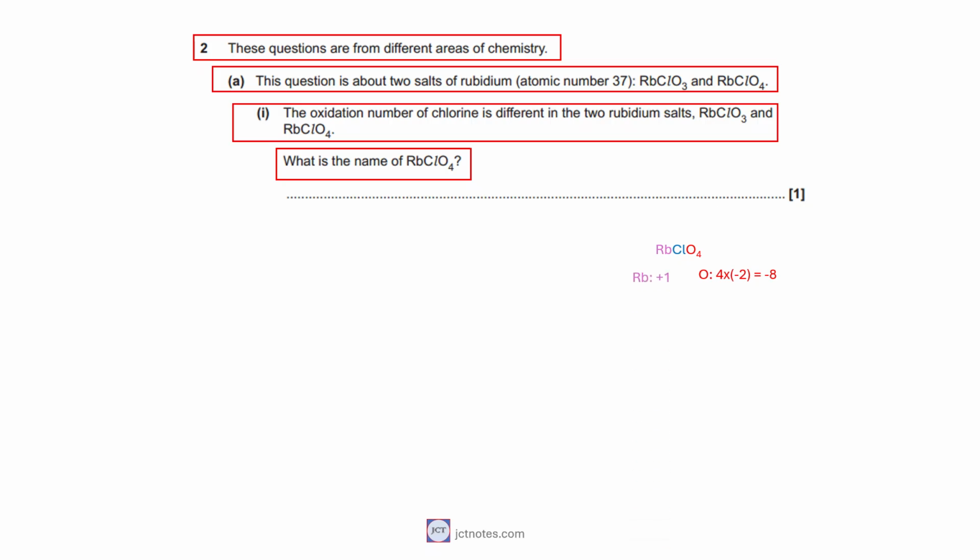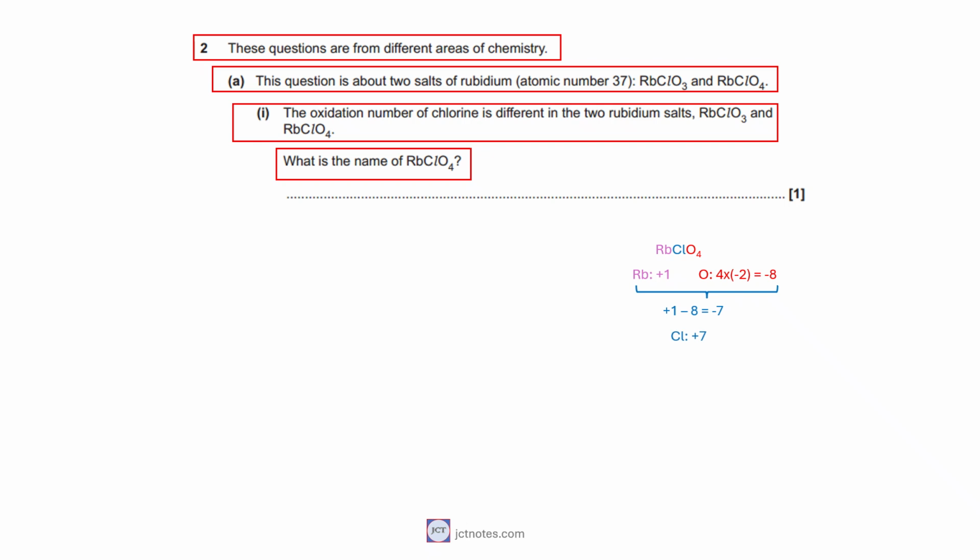Rubidium is a group 1 metal, so it has an oxidation number of +1. Because RbClO4 is a neutral compound, the sum of all oxidation numbers must equal 0. The oxygen atoms contribute -8, and the rubidium contributes +1, giving a total of -7. Therefore, chlorine must have an oxidation number of +7 to balance the overall charge.